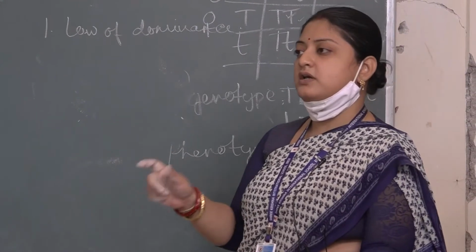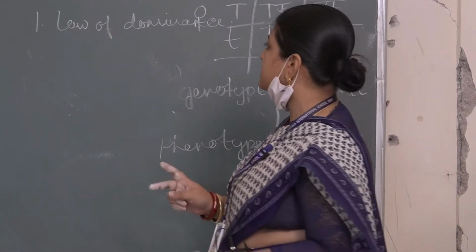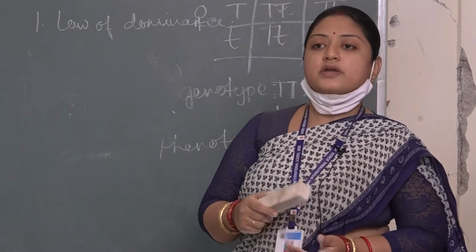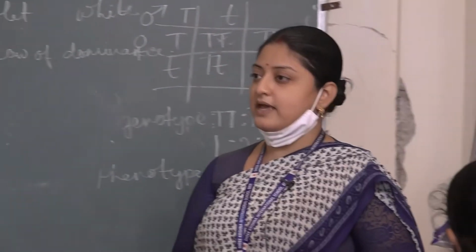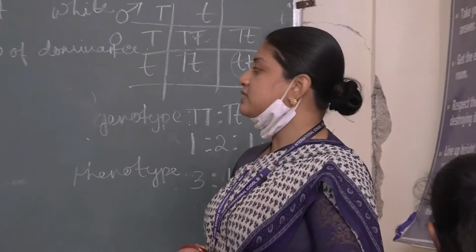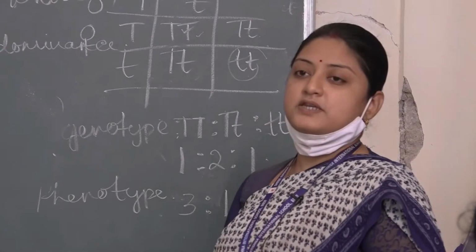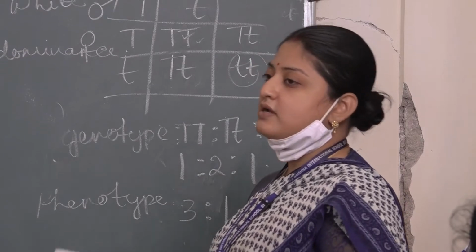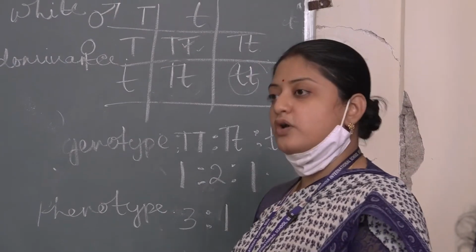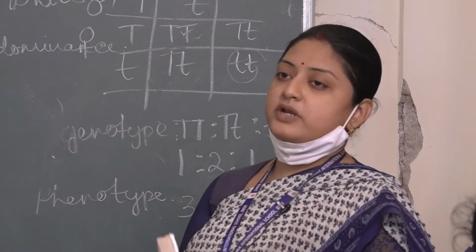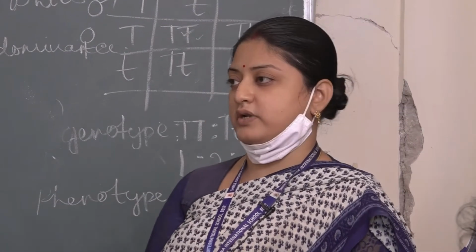These two terms are important. The character which is getting suppressed is known as the recessive allele. For example, dwarfism is a recessive character, whereas tallness is a dominant character. The F1 generation will only produce the dominant factor.